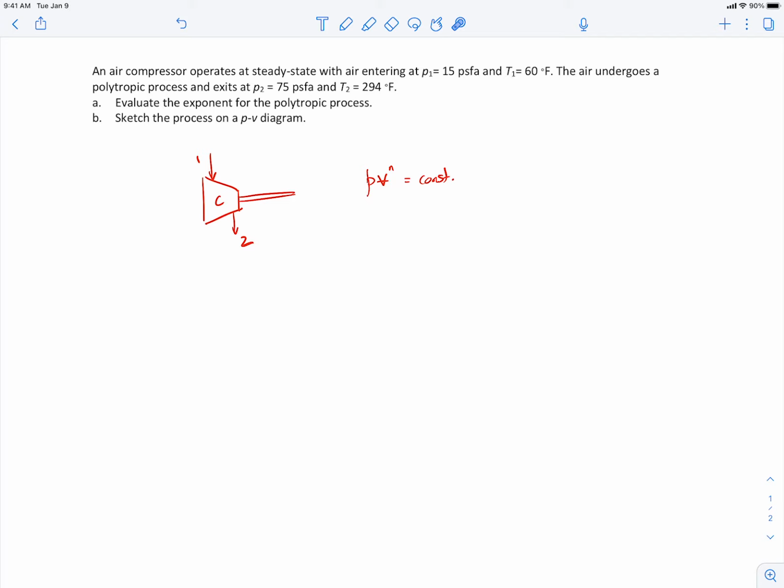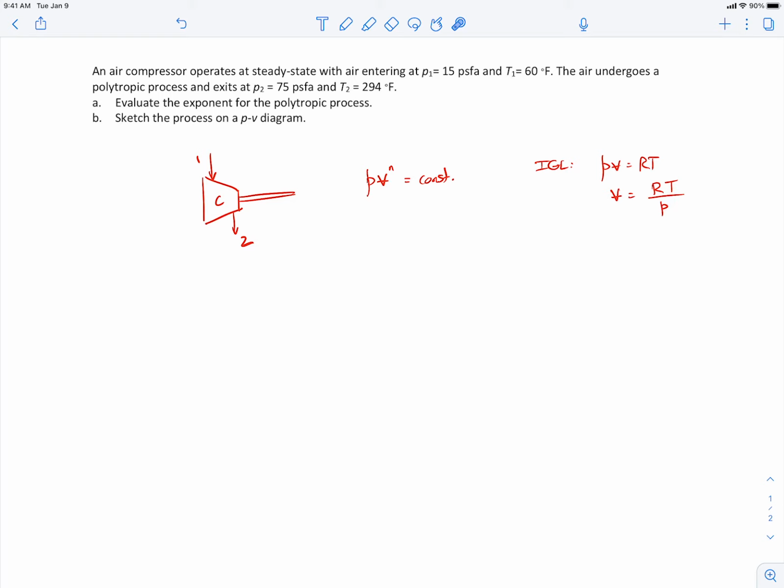That's almost always a good assumption. So from the ideal gas law, we know Pv equals RT. So to find the specific volume, it'll just be the gas constant for air times the temperature divided by the pressure. So we know P1 and T1, so we know those values.